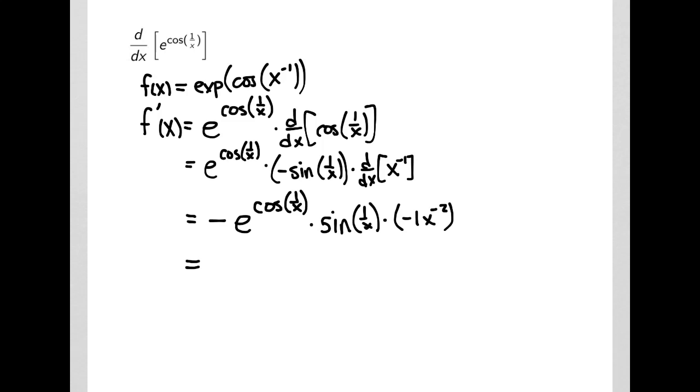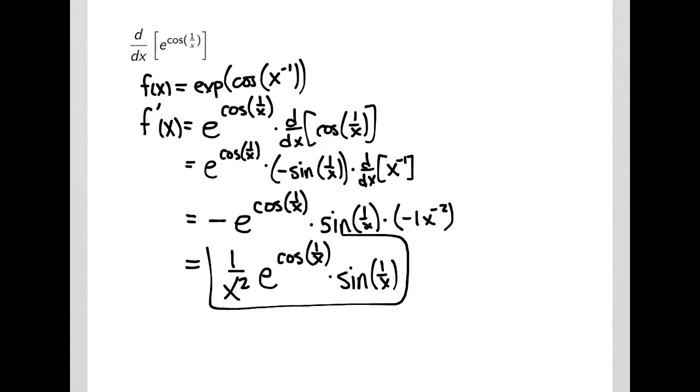So multiplying the negative and the negative 1, I get 1. I get x to the negative 2, so that's 1 over x squared. The exponential of cosine of 1 over x times the sine of 1 over x. And be sure that that sine does not look like it's in the power of the exponential. That's it.